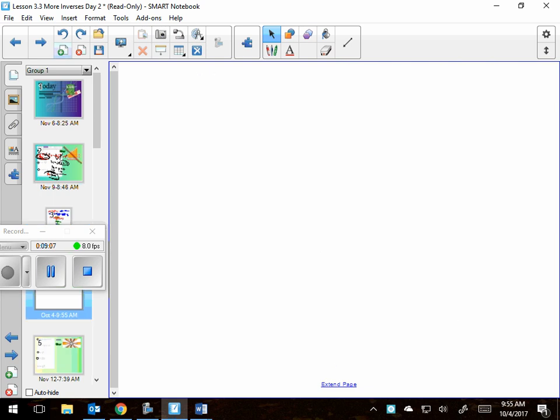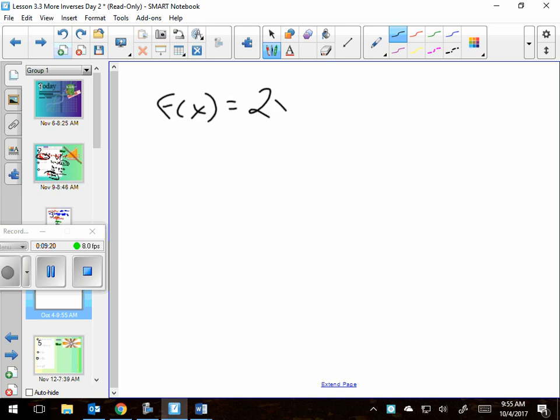All right, I'm going to give you 2 simple functions, and I want you to prove that either they are or that they aren't inverses. f of x is 2x - 7. I'm going to make sure it's clear that that's a 7. Your friend has an answer, and you want to prove that they're either right or wrong for the inverse.